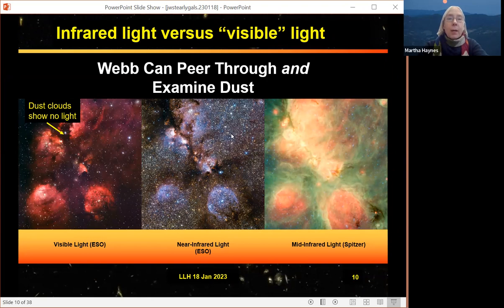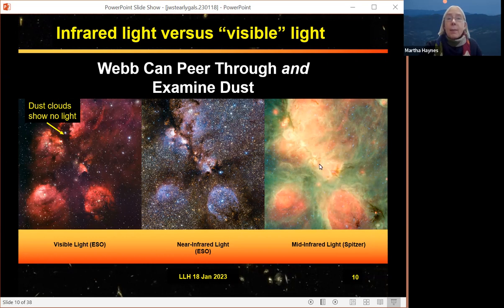Here's an image taken of a region of the sky in the visible light. Here's an image taken in the near infrared light. It's taken from the ground, but it's similar to what JWST would see. And here's an image that's taken with Spitzer, which is a region of the infrared light that JWST can see, but you can't see from the ground.